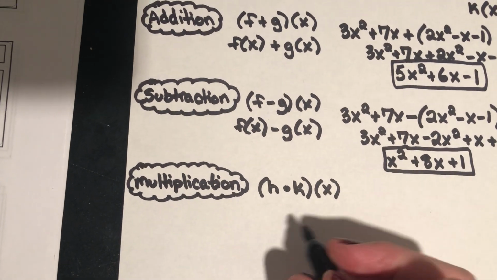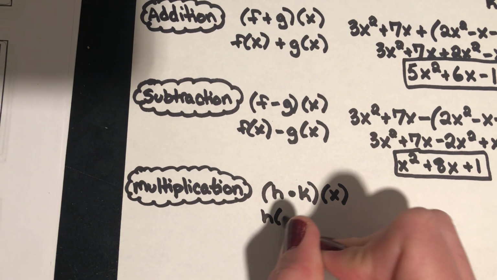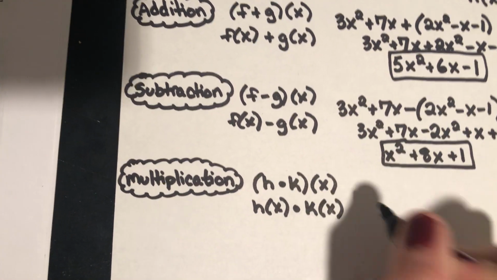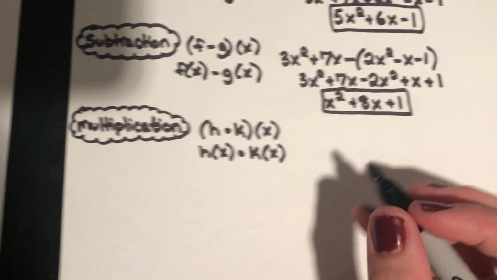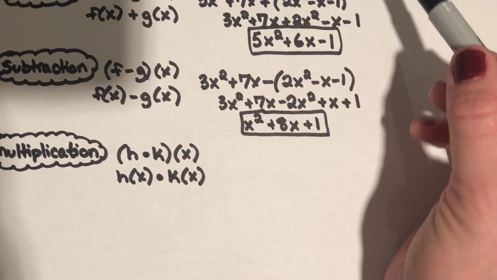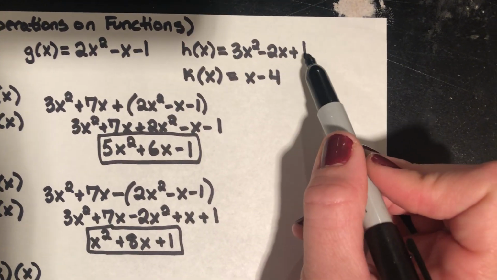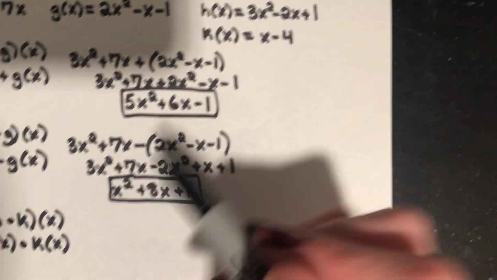What does this mean? This means h of x times k of x. I am going to take my h of x and k of x, and I note that it's a trinomial multiplied by a binomial.